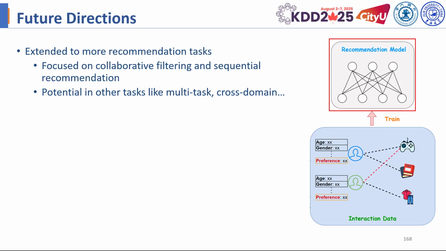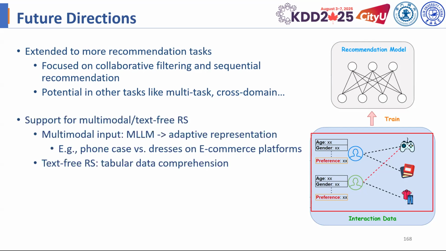They have proven the effectiveness of bringing the semantics of LLM to traditional RS. This indicates that it is also promising to replicate their success in some other recommendation tasks, such as multitask and cross-domain recommendations.